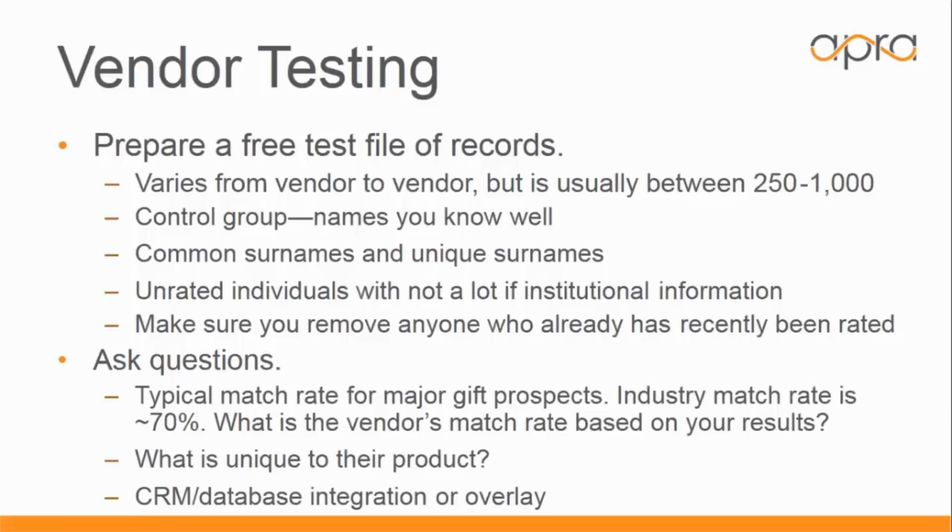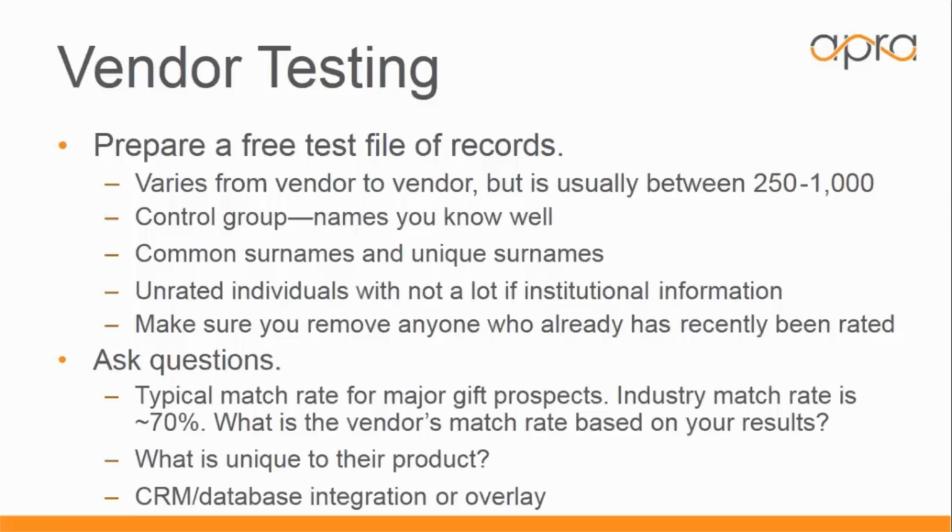But you also want to include common surnames and unique surnames. You'll want to include unrated individuals with not a lot of institutional information. And you want to make sure you remove anyone who already has been recently rated. You don't want to spend your time or the vendor's time doing a rating on someone that you've already looked at recently. And ask questions.